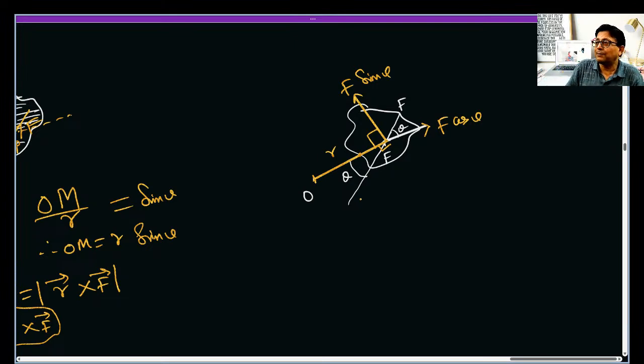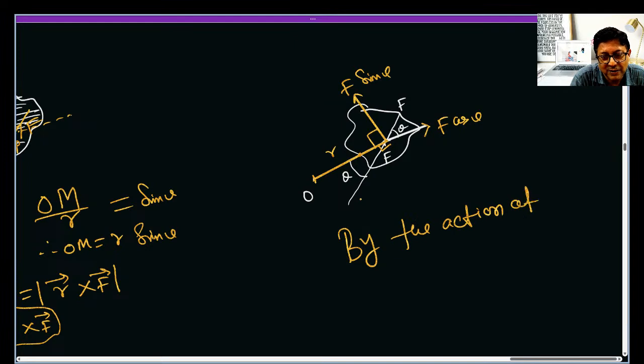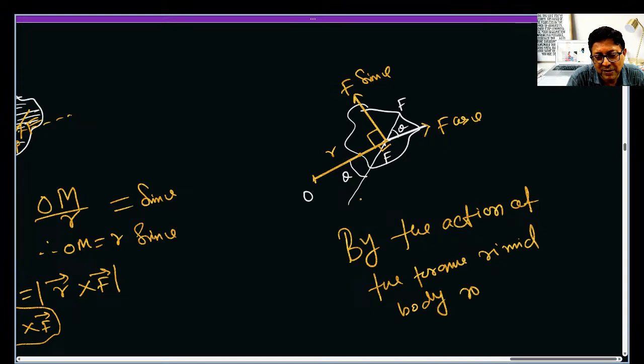It is the contribution of F sin theta. So by the action of torque, the rigid body rotates perpendicular to the R vector.